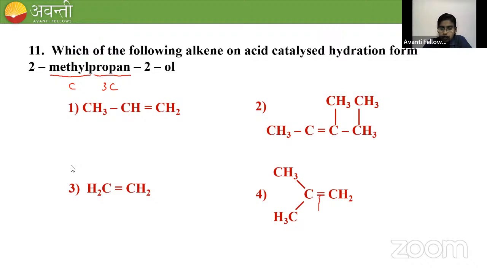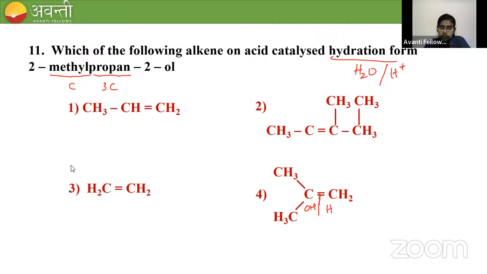On addition of this H2O in presence of acid, one of the pi bonds gets broken down, and hydration means addition of water. In one of the previous questions I told you, it is addition of water in presence of acid. So water contains H plus and OH. So break this, and this alkene is unsymmetrical. So the negative part will go to the carbon which has less number of hydrogens, and the positive part will go to the carbon which has more number of hydrogens.